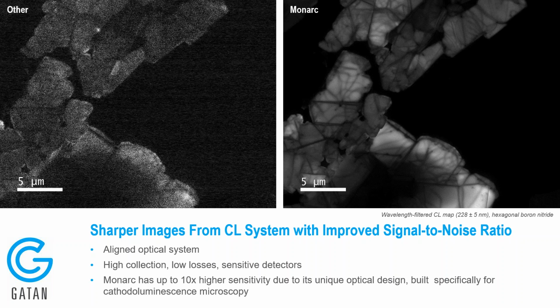And so everybody on the right-hand side who came to use the Monarch system could collect results like this. The sharpest CL images for all users, because we've been able to align the system correctly, achieve the best signal-to-noise ratio images, and understand the best operating parameters for the microscope.